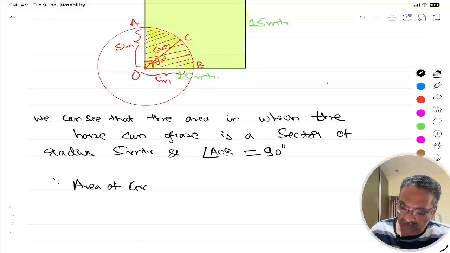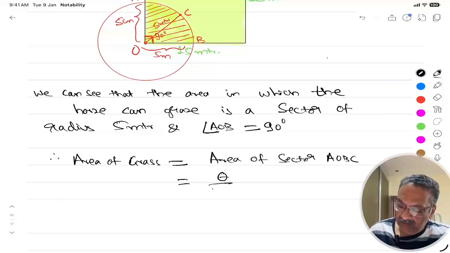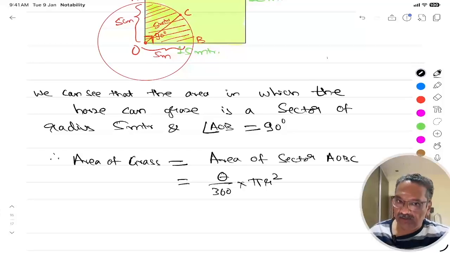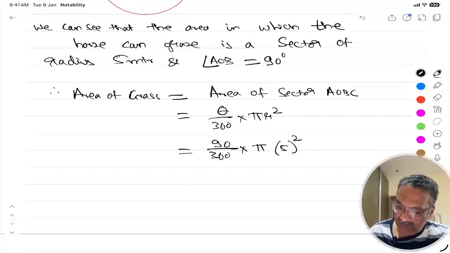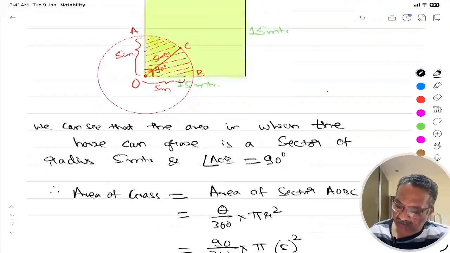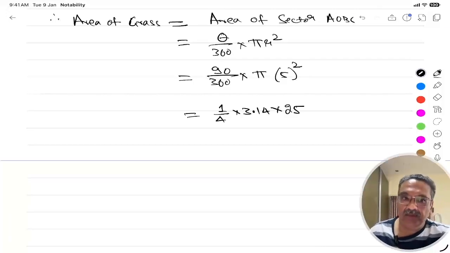area of grass which it can graze is nothing but area of sector AOBC, which is nothing but theta by 360 into pi r square. Alright, so we know theta to be 90, so 90 by 360 into pi into 5 square, which is equal to 1/4 into 3.14 into 25.